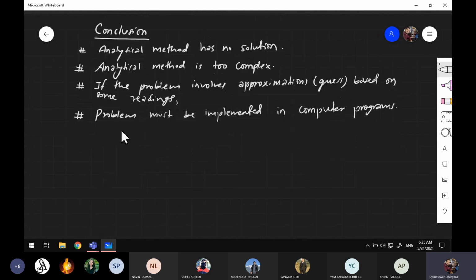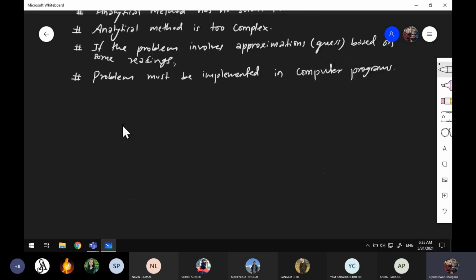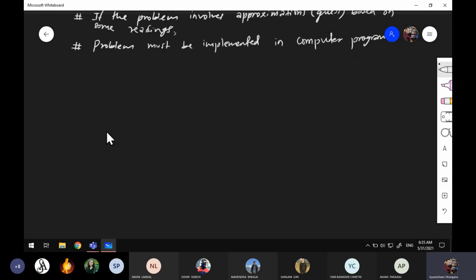So these are the different situations where the numerical method becomes applicable. Now let's talk about the characteristics of the numerical method.